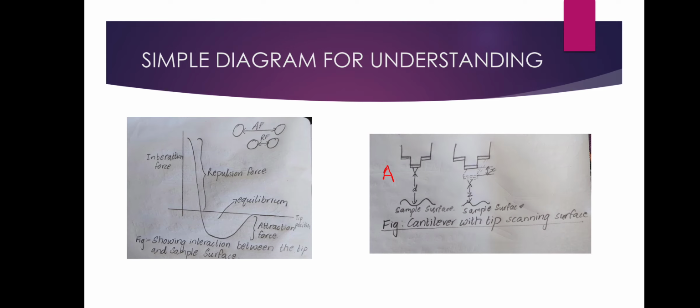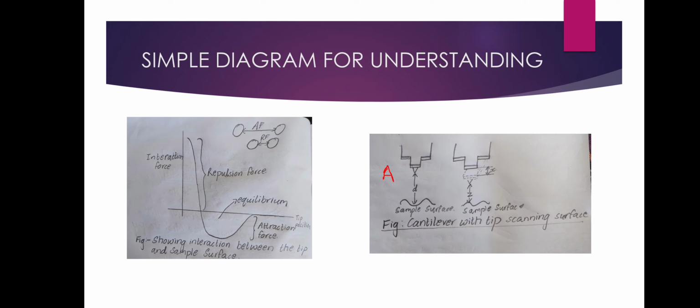And on the left hand side, the simple graph between the interaction force and the tip position. From this graph you can see there is a repulsion force and then attraction force, which means the force between the tip and the sample surface keeps on changing.